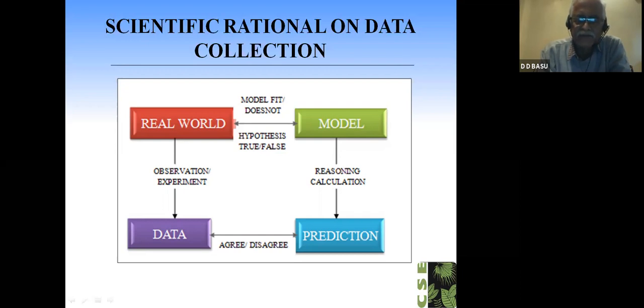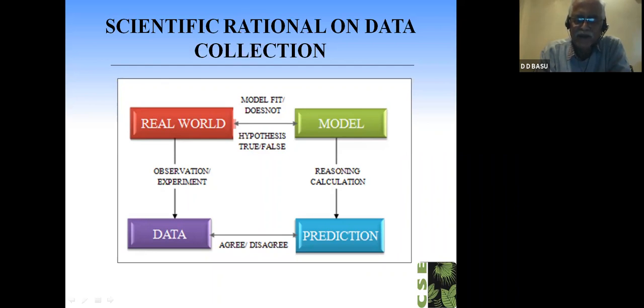This data has to be, sometimes people also go for a model. That is conceptual, how this will happen. And this model has to use reasoning and calculation and give a prediction.